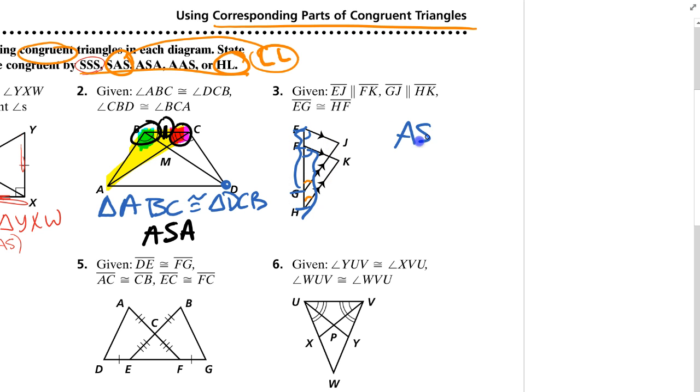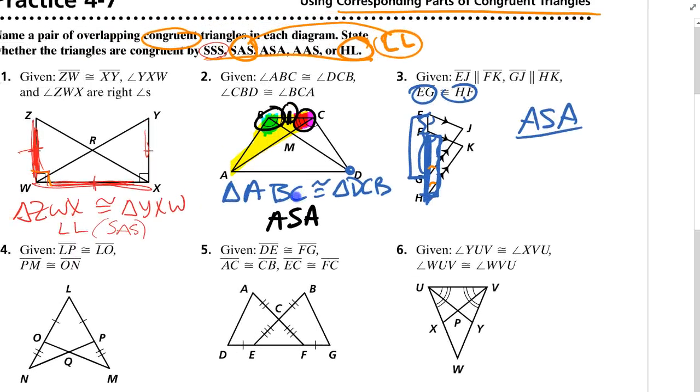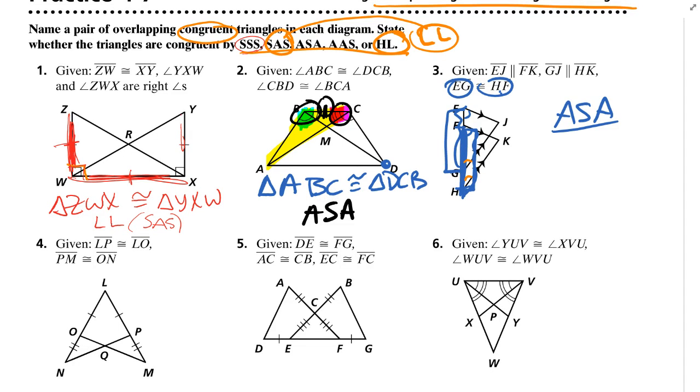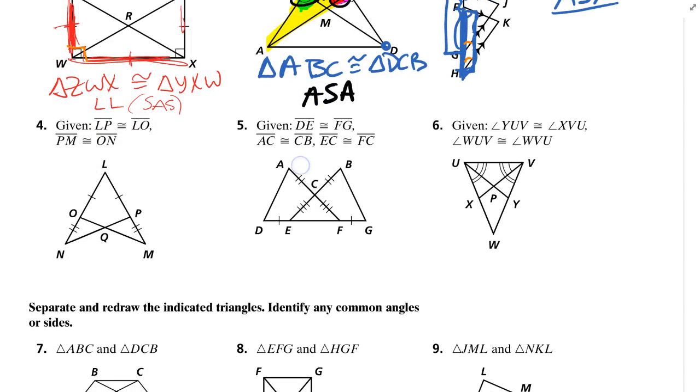So we'll use ASA for this, because EG is congruent to HF. So that would be the side that I'm talking about. E to G is congruent to HF. So I do have angle, side, angle, and that's all I need. So now number 4.